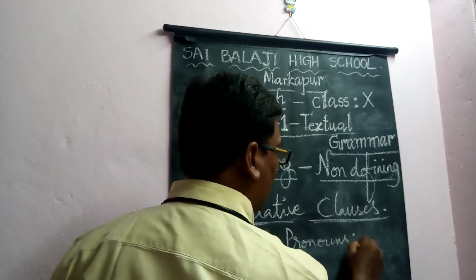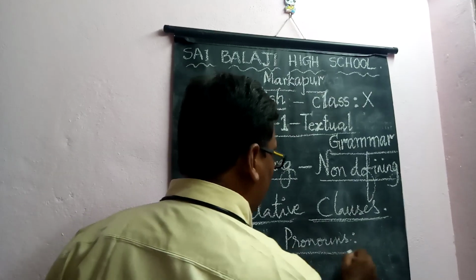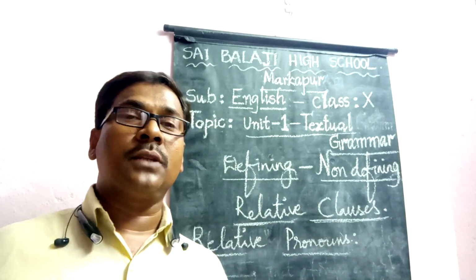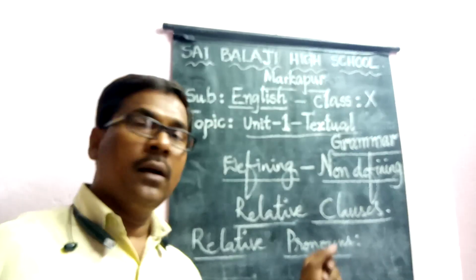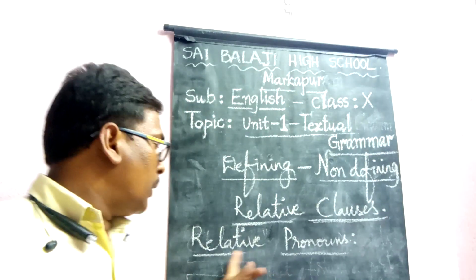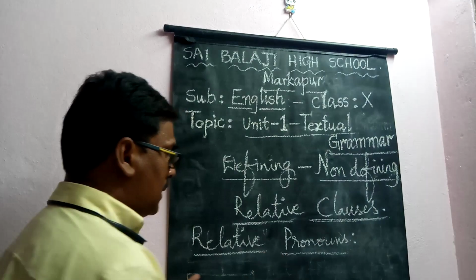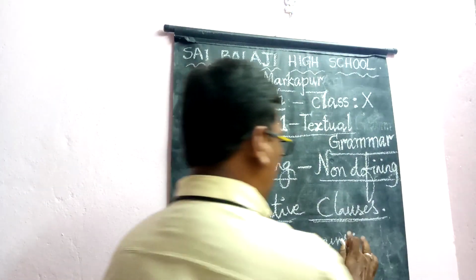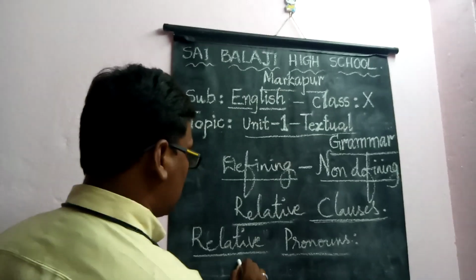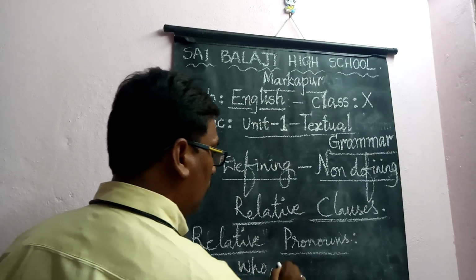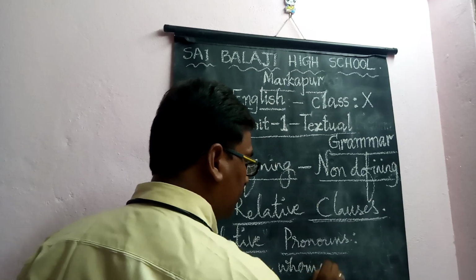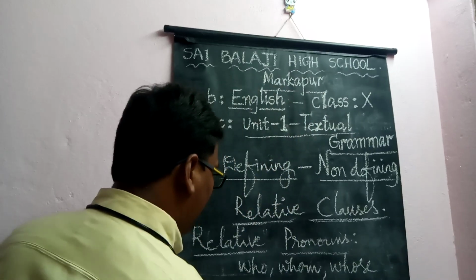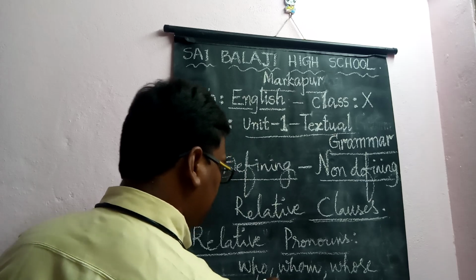As we all know, what are pronouns? Pronouns means a name which is used instead of nouns. One of the kinds of pronouns is the relative pronoun. Basically relative pronouns are who, whom, whose, which, that.